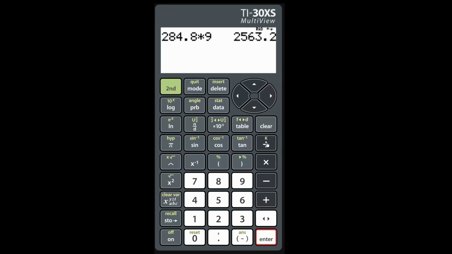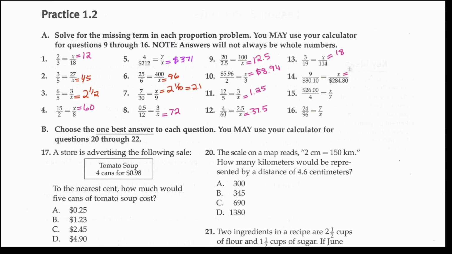Okay, divide by 80.10. Enter. I have exactly 32. That's 32. It's not in dollars, it's in quantity. So you don't need to put a dollar sign here. If you put a dollar sign there, it's going to be wrong.